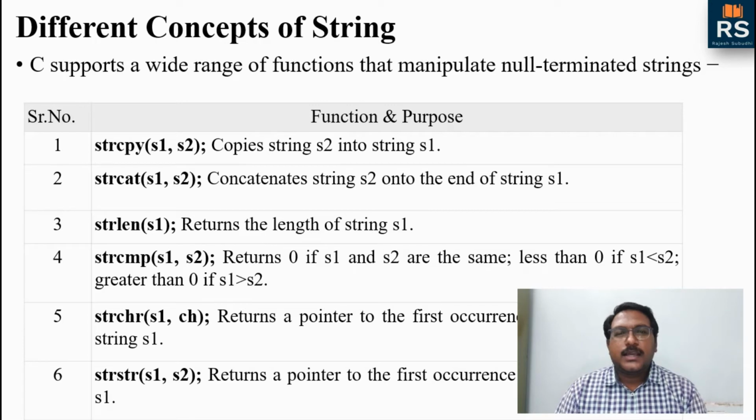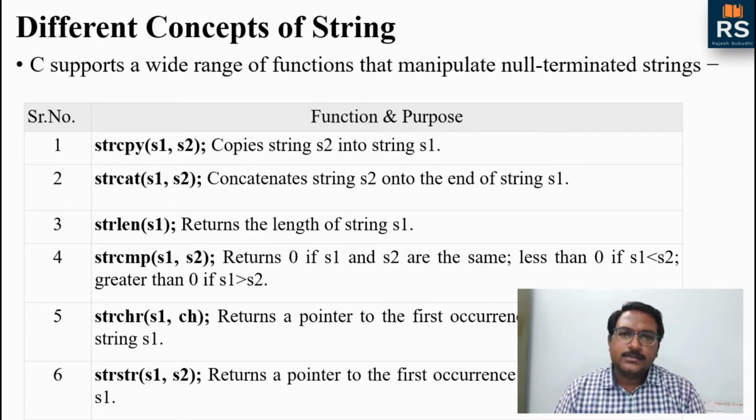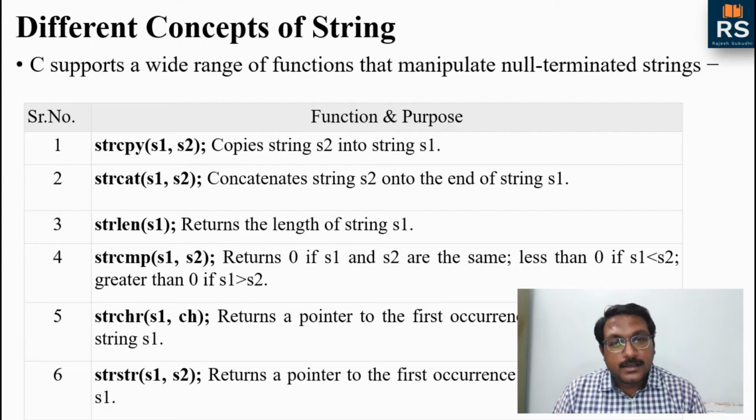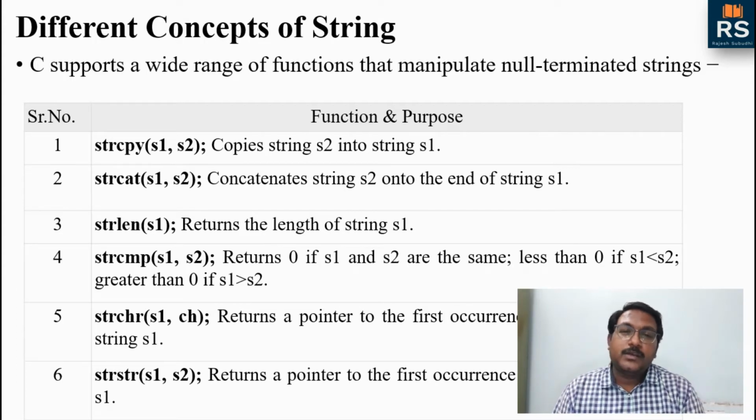Because, as I told you, if it were a character array, every element would be independent. As it contains a null character at the end of the array, it is treated as a string. Every individual element is not independent. They get together and form a variable value.